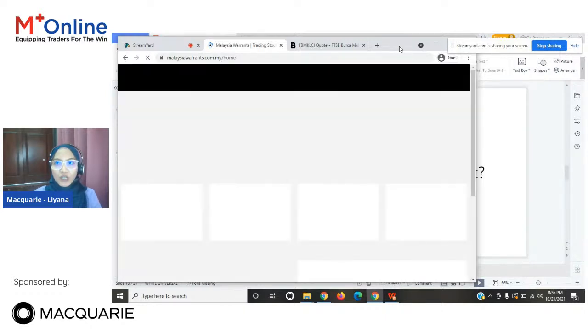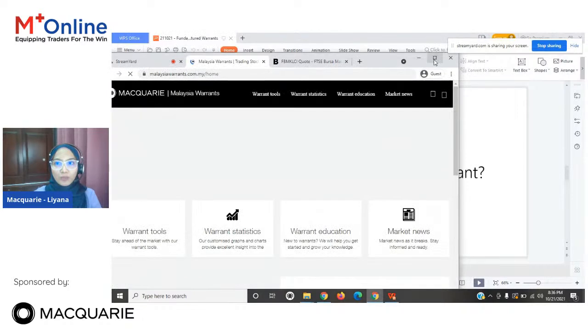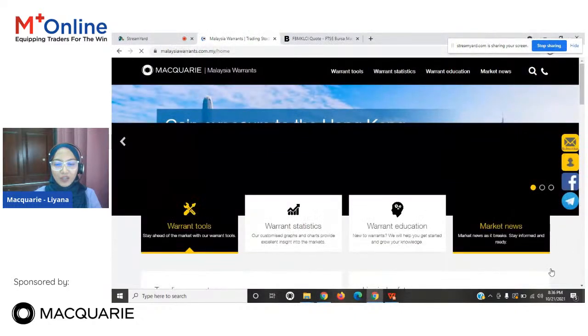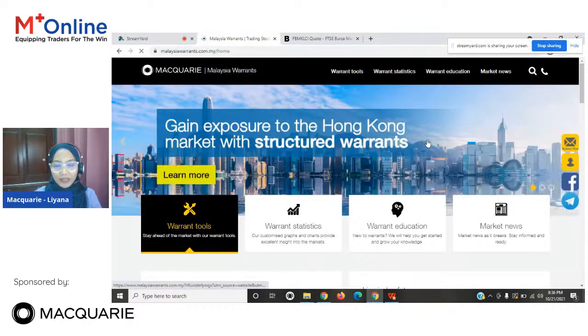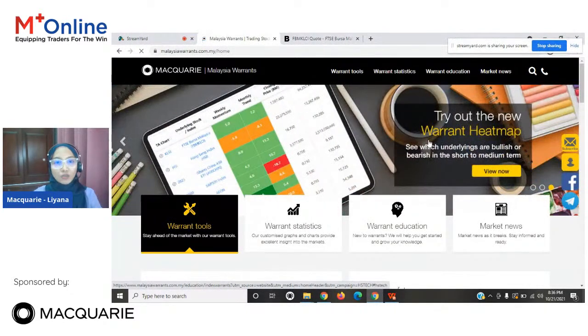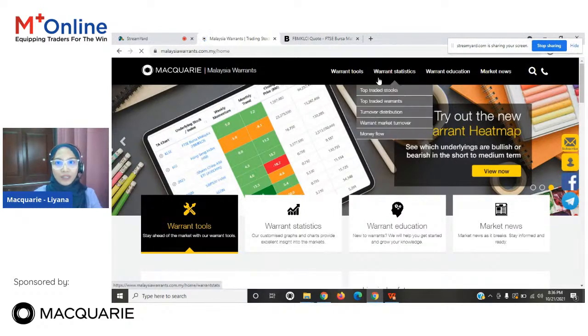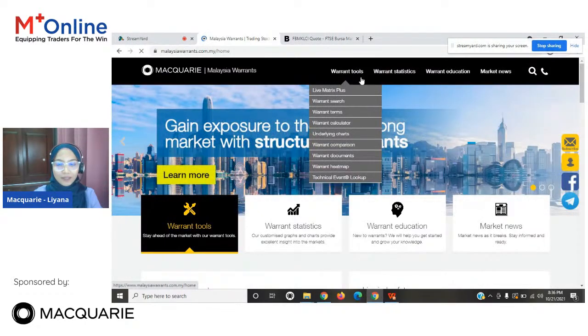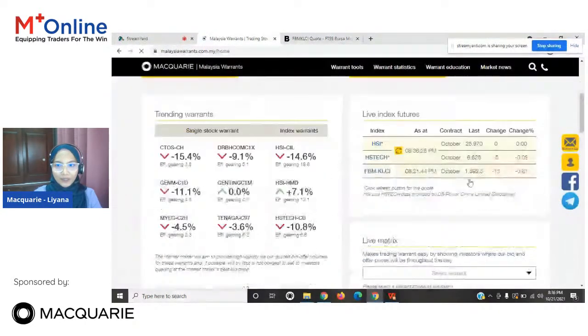I just nak tunjuk macam mana you nak compare effective gearing. For everyone yang tak tahu pasal kewujudan website ni, Macquarie ada website iaitu malaysiawarrants.com.my. Kalau tak ingat pun tak apa, you just Google Malaysia Warrants, then you boleh nampak immediately dekat search engine. Okay, so this is the homepage.